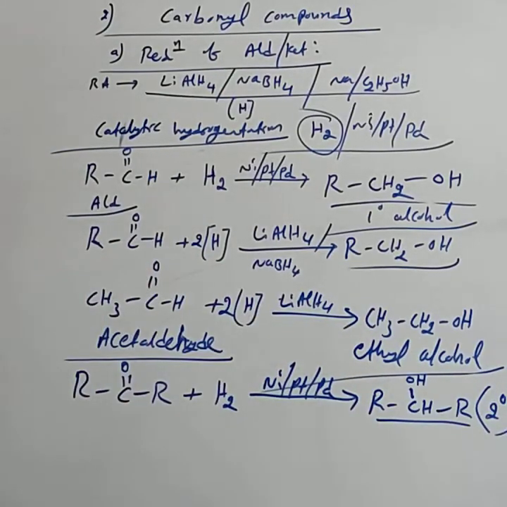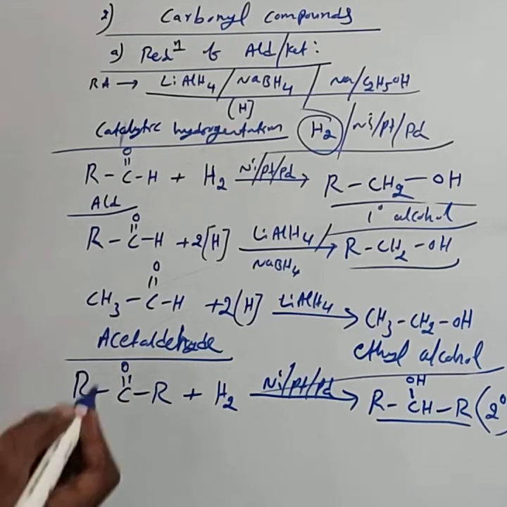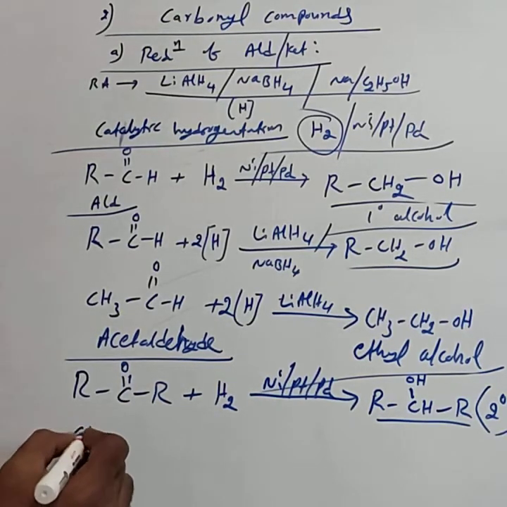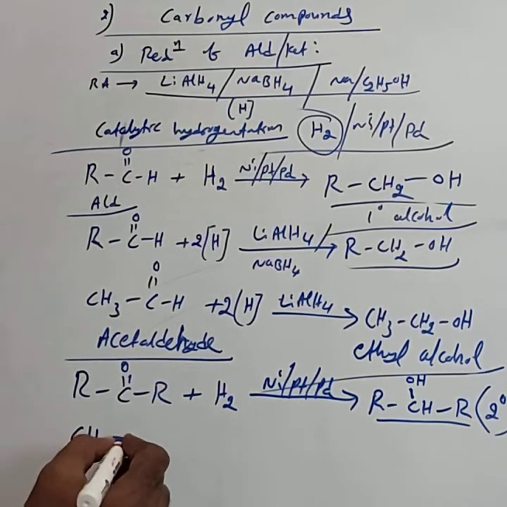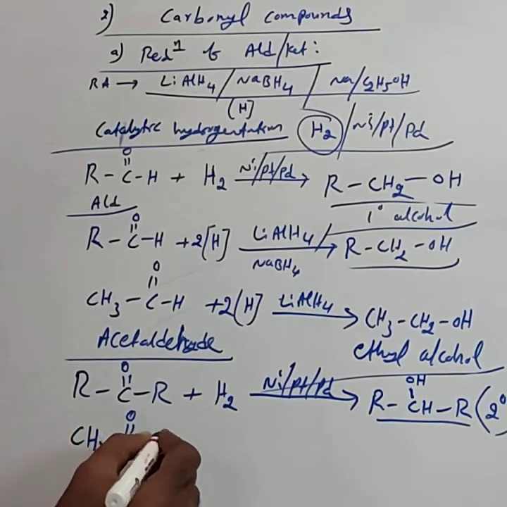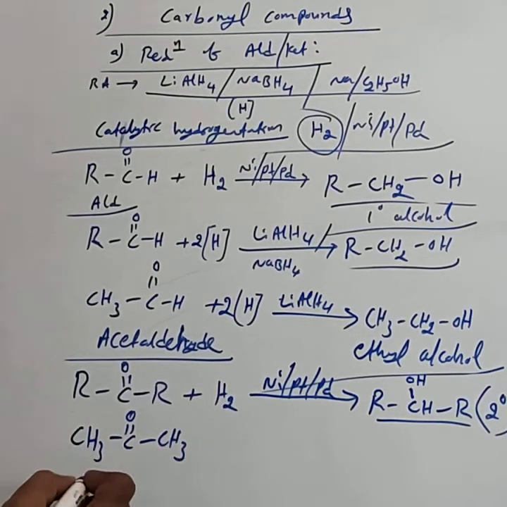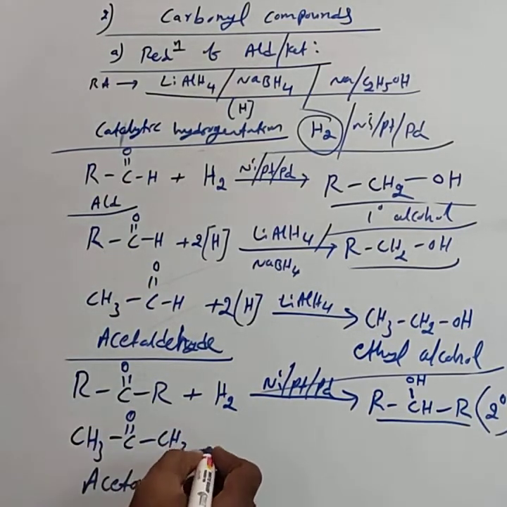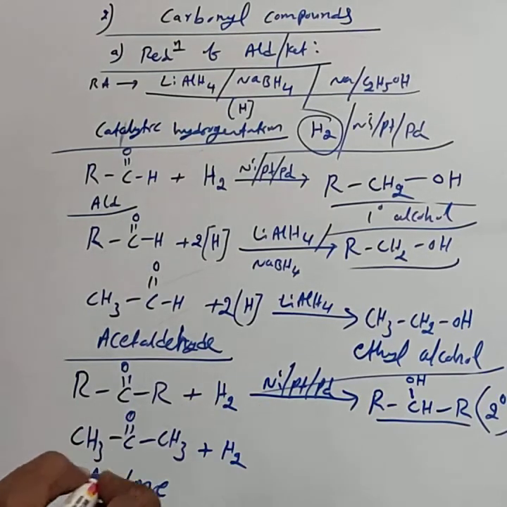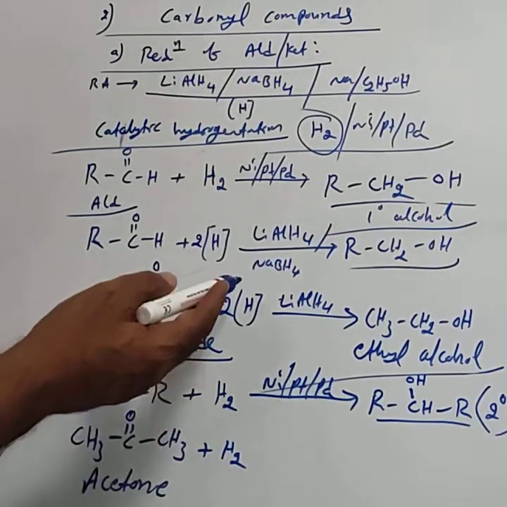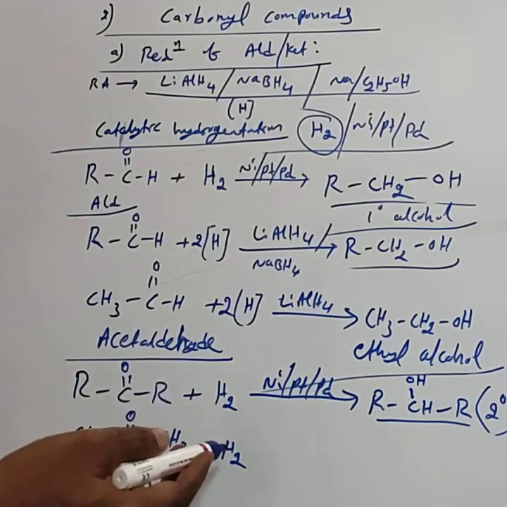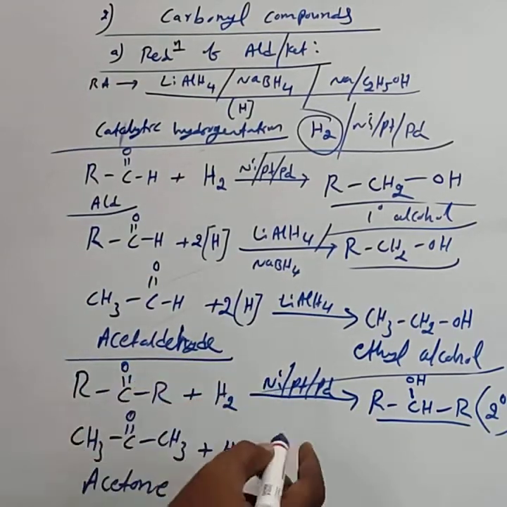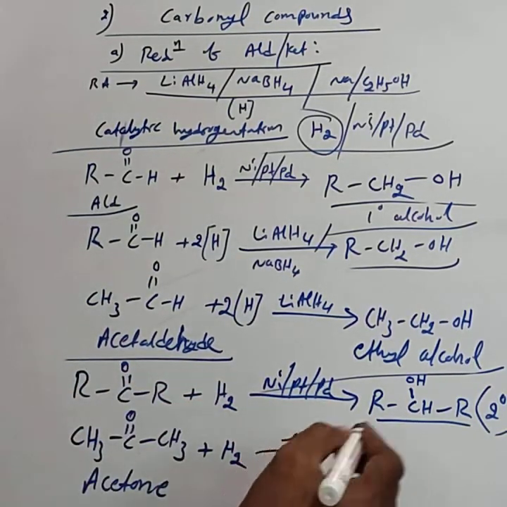Secondary alcohol. Take an example, CH3COCH3. This is commonly called the acetone molecule. Acetone on hydrogenation with H2, or instead of hydrogenation you can take reduction also, either one. If you use H2, you mention nickel, platinum or palladium.